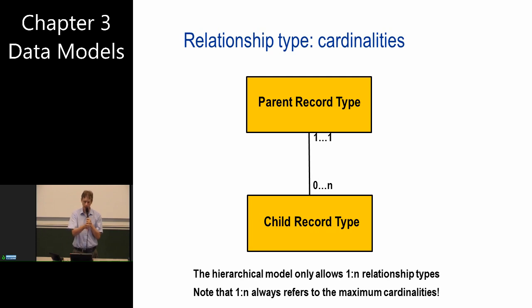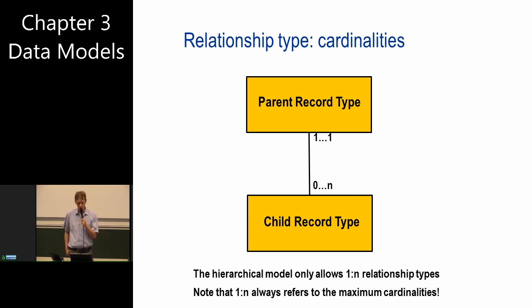That way you can build hierarchies of record types, all connected by means of relationship types. The record type that sits at the top of the hierarchy is what we call the root record type. It's the start of the hierarchy. The record types that sit at the bottom of the hierarchy, and it can be multiple record types, are what we refer to as the leaf record types.